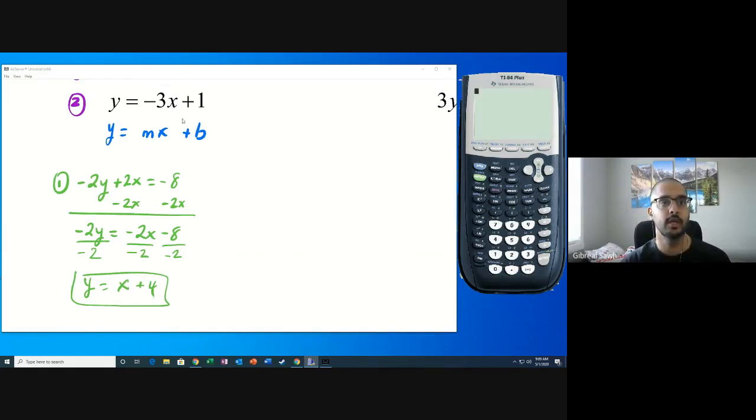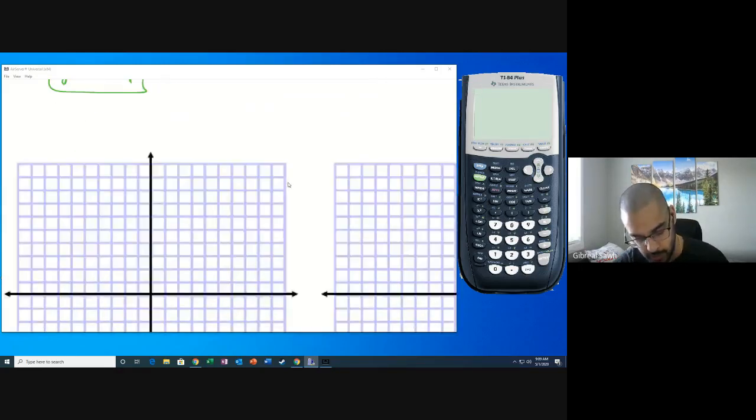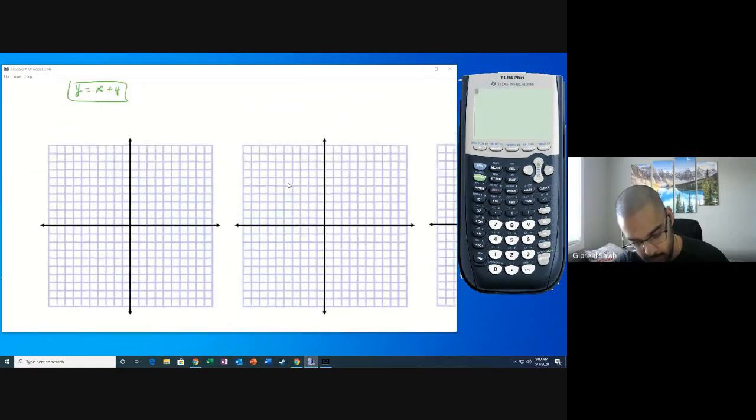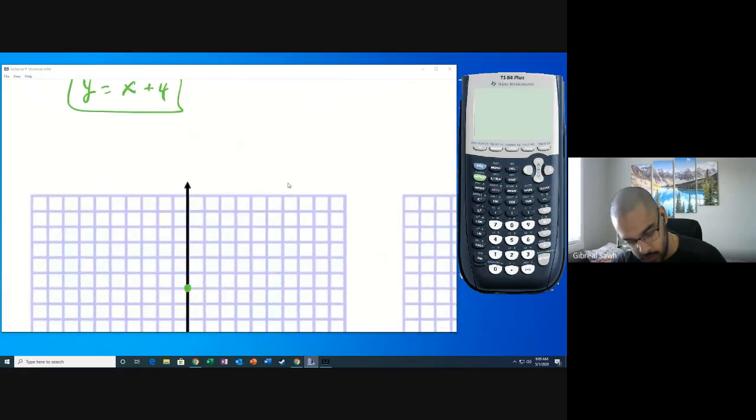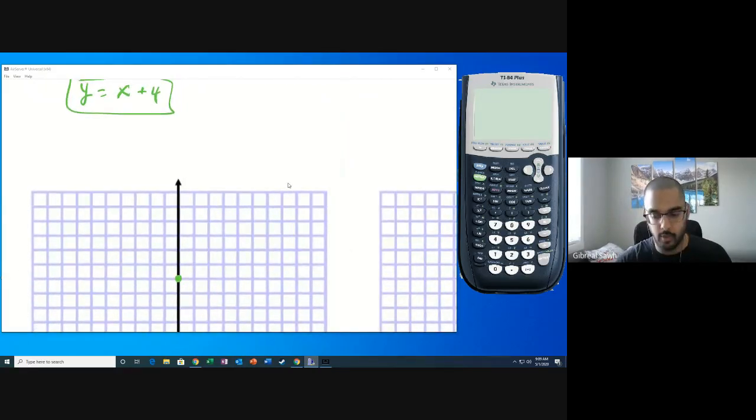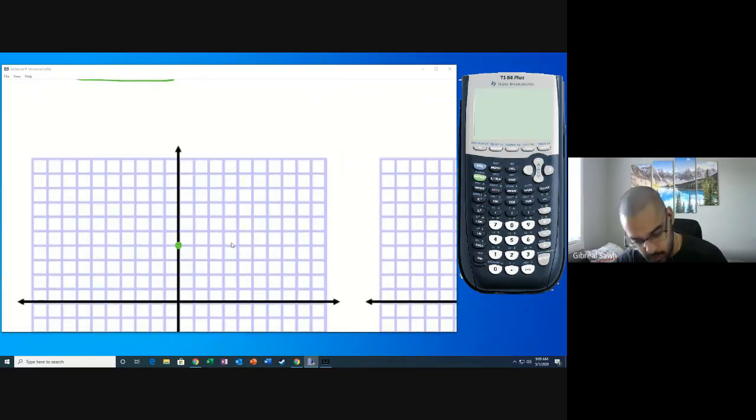So what we're going to do is we're going to graph them. Now I'll keep this one in green. I'll do the second equation there in black. So if it's x plus 4 for the green one, that means my y-intercept is going to be 4. So there it is at 4. But my slope is actually just 1. So we're going to go up 1 over 1, both in the positive direction, so up and right, to make new points on this line.